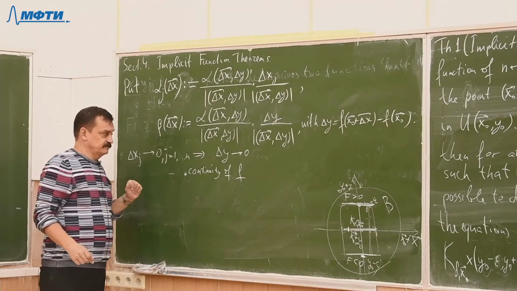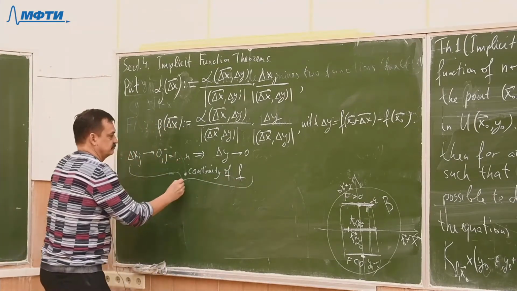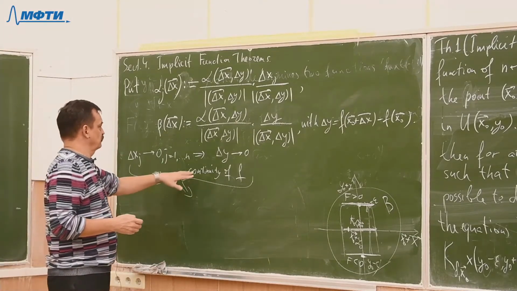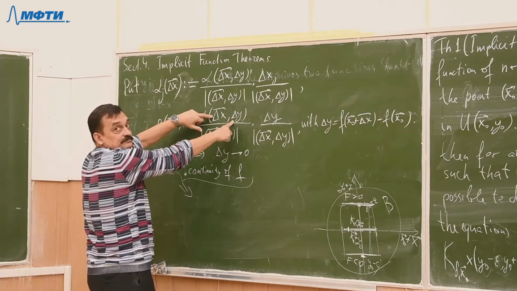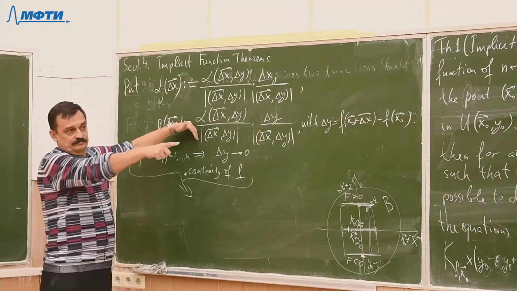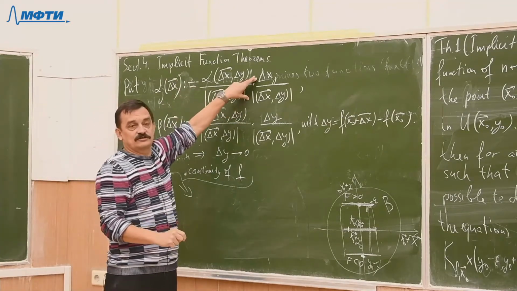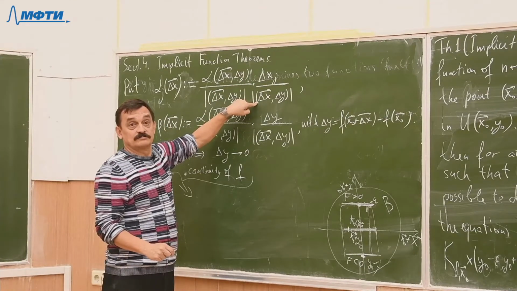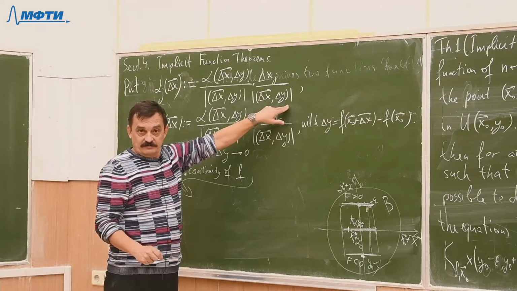Also, from both follows, what follows? Look. So now you see, this vector tends to 0, delta y tends to 0. By the definition, this ratio tends to 0, right? So the first term tends to 0 and the second term is less or equal to 1 in modulus, because the modulus of one component is less or equal than the length of the vector, right?